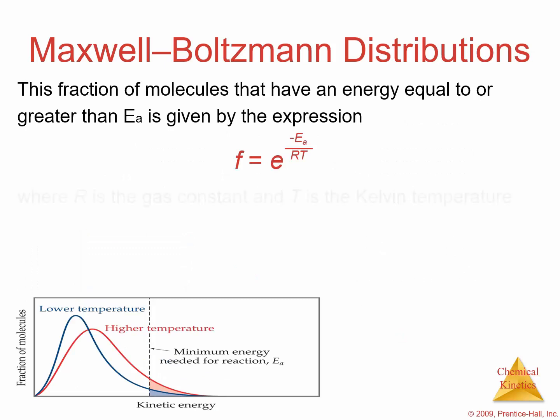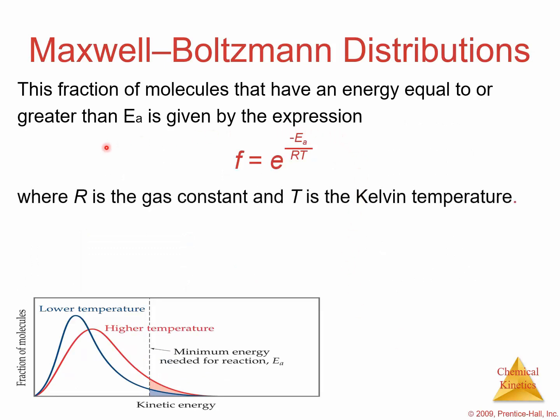Now, this fraction of molecules that have an energy equal to or greater than E of A is given by this expression. In this equation, R is the gas constant and T is the absolute temperature.